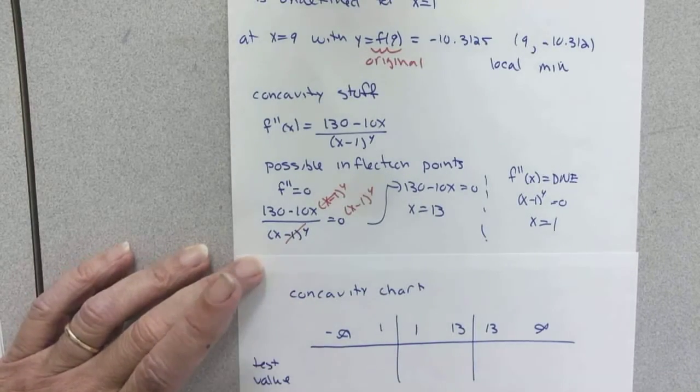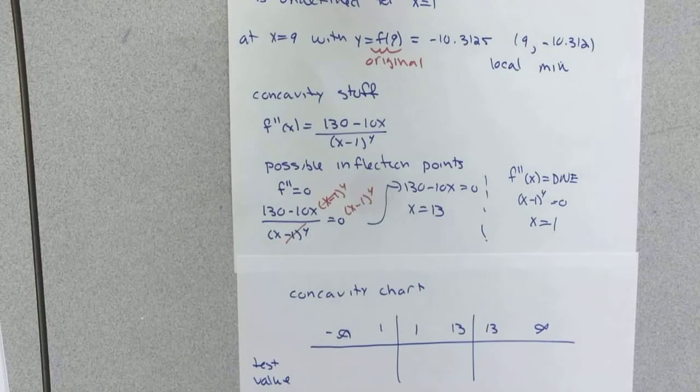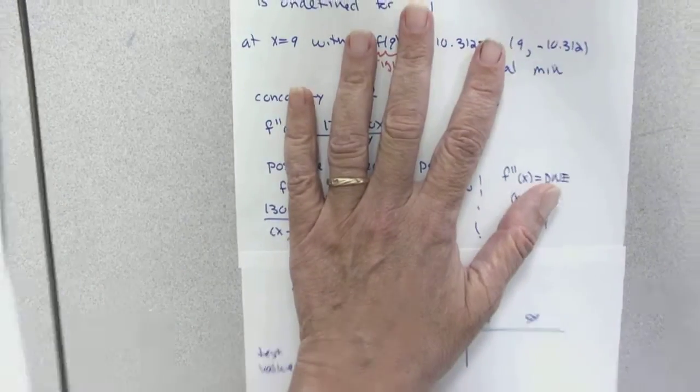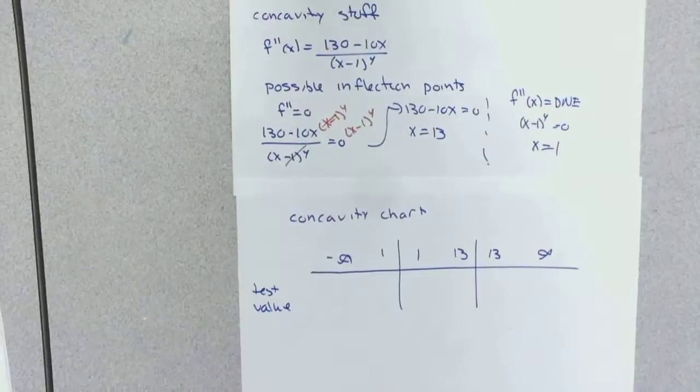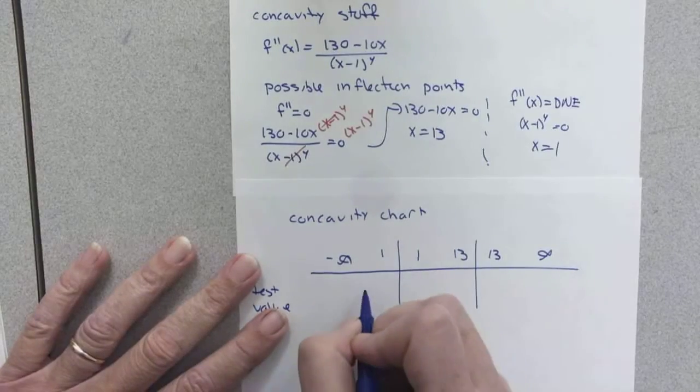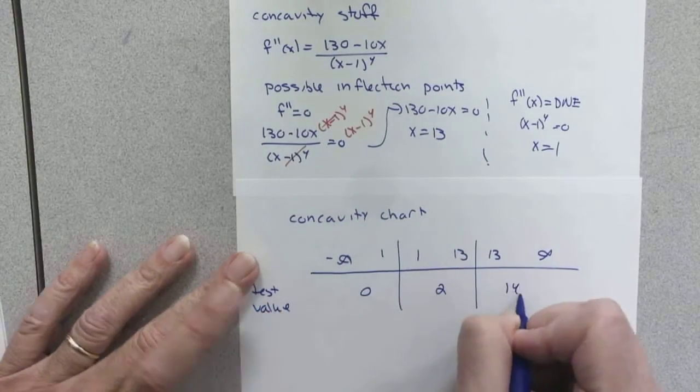Test value. And again, notice, I don't put 0 in there because I didn't calculate 0. I've never quite understood why so many students automatically put 0 in there. Now I'm going to use 0 as a test value, but it doesn't go in that first line. So I'm going to use 0 as a test value, 2 and 14.